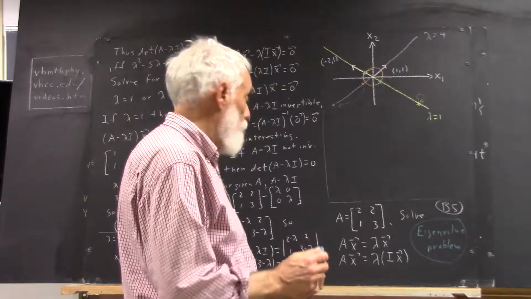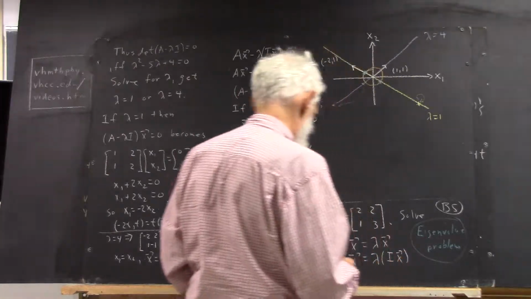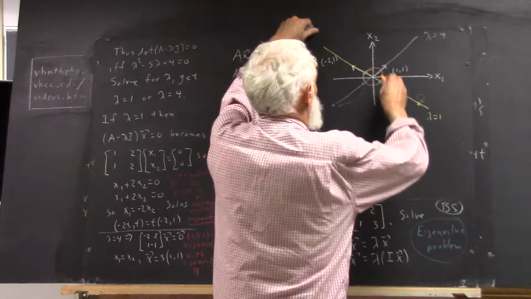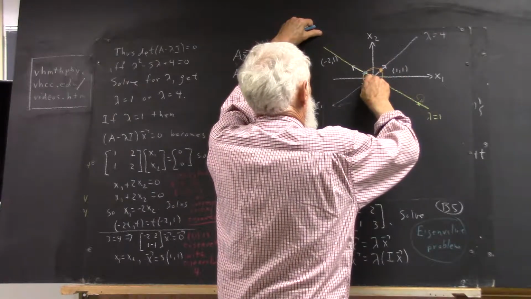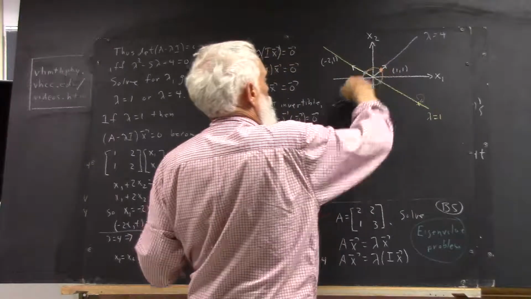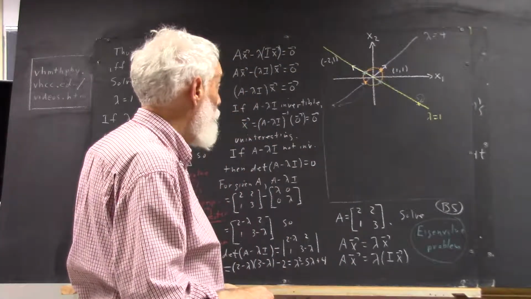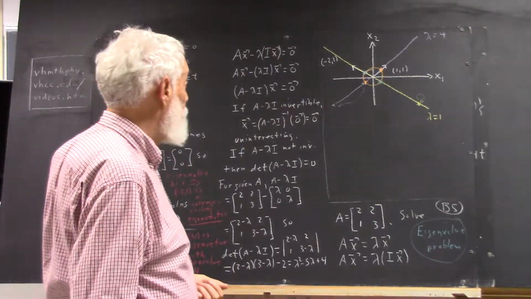Okay. Now, what about points on the circle that are along the line defined by the eigenvector (1, 1) with eigenvalue 4?